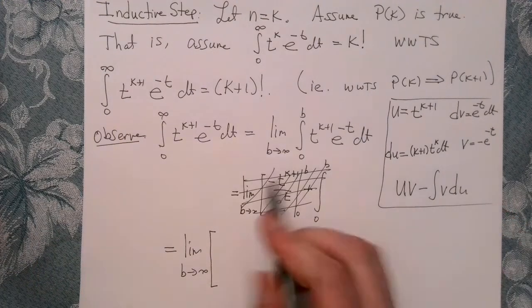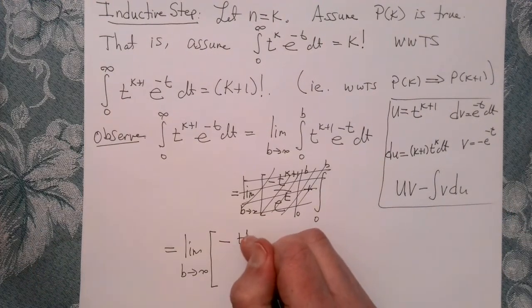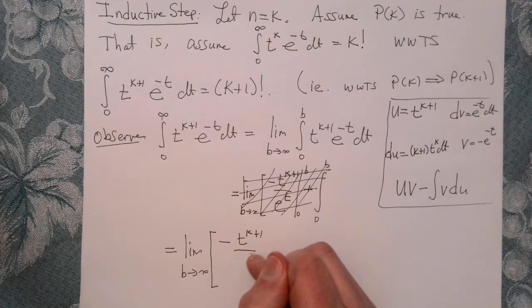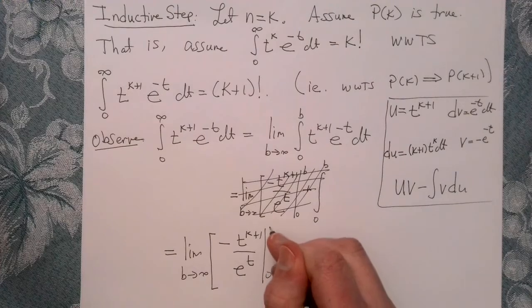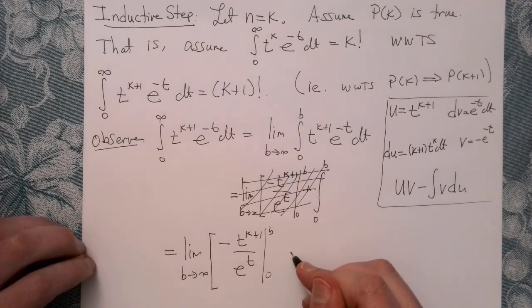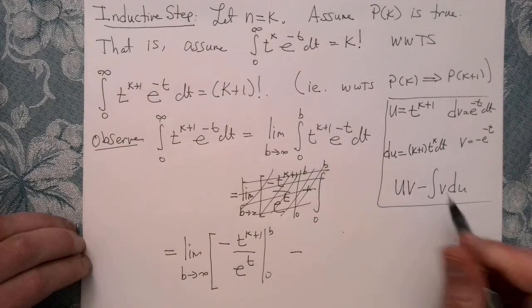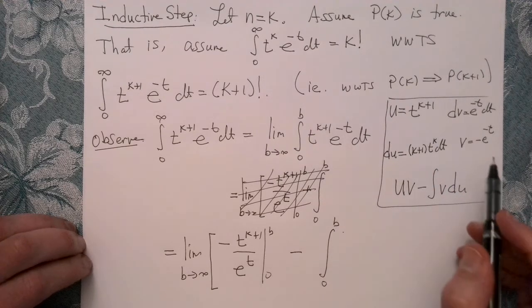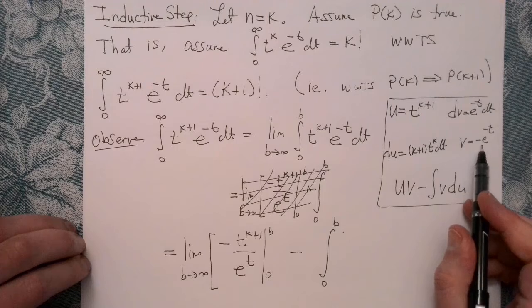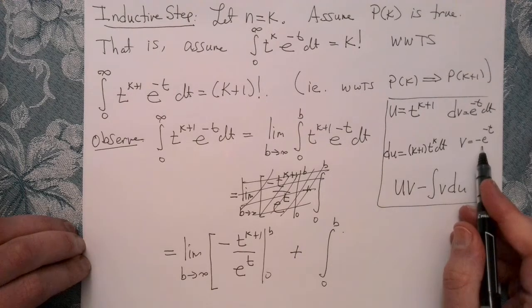Okay, so u times v minus the integral, with a little breathing room because of this, of v du. So v gives me a plus here, double negatives.